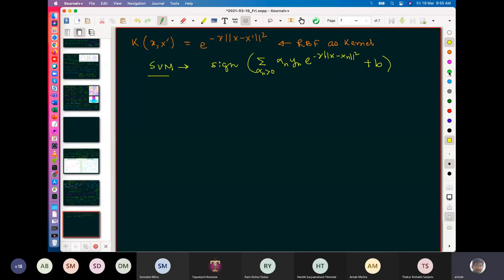Doesn't it look very similar to whatever we did in terms of straight RBF classification? What we did in classification or clustering is the sum over k equal to 1 to K of wk e to the power minus gamma x minus mu k squared.